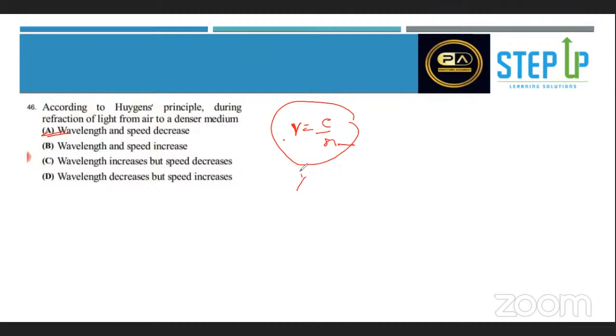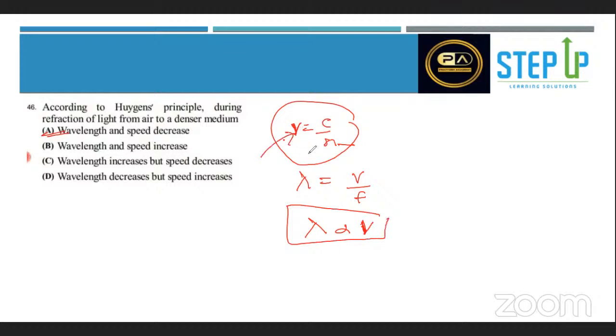Also, we know that lambda is equal to velocity over frequency. The frequency of the light will stay the same irrespective of the medium. So when the light moves from a rarer to a denser medium, the speed of the light will decrease. Lambda is proportional to v, the velocity of light in the medium.